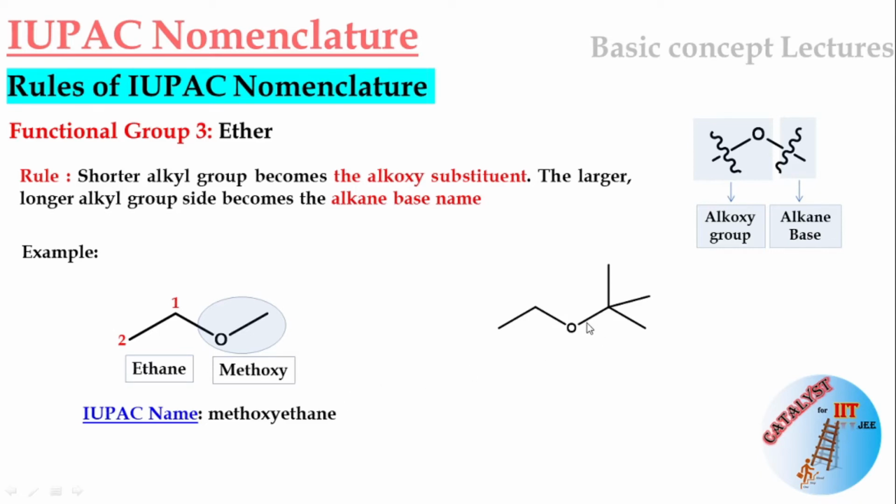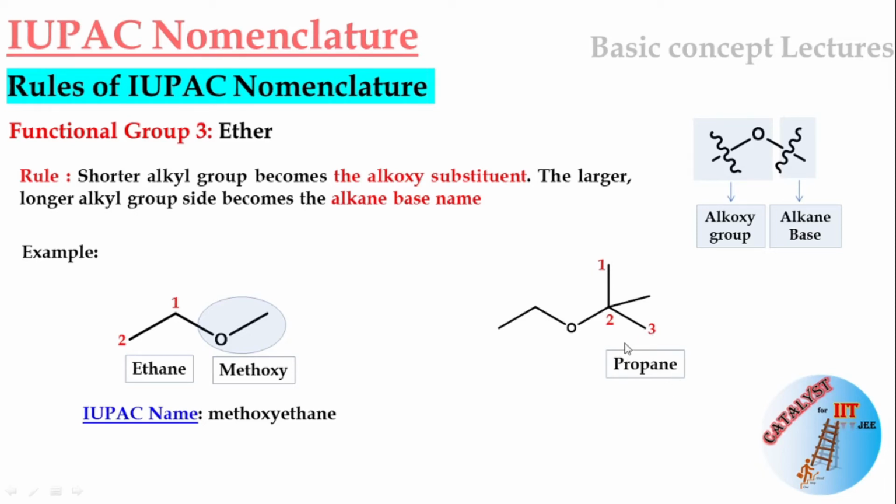Now move to your second example, in which it is difficult to understand which should be termed your shorter alkyl group and which your longer alkyl group. Now 1, 2, and on this side 1, 2 and 3. So 3 is obviously greater than 2, that's why this will be your longer alkyl group.